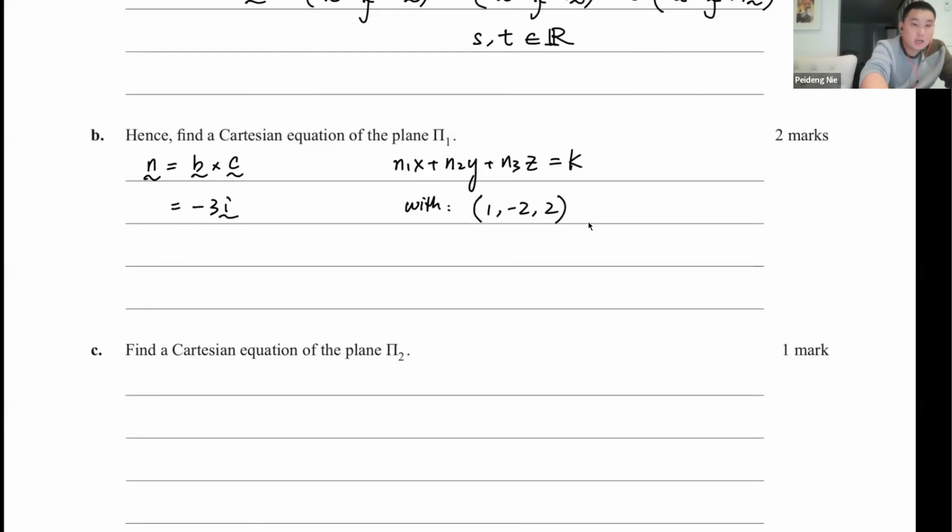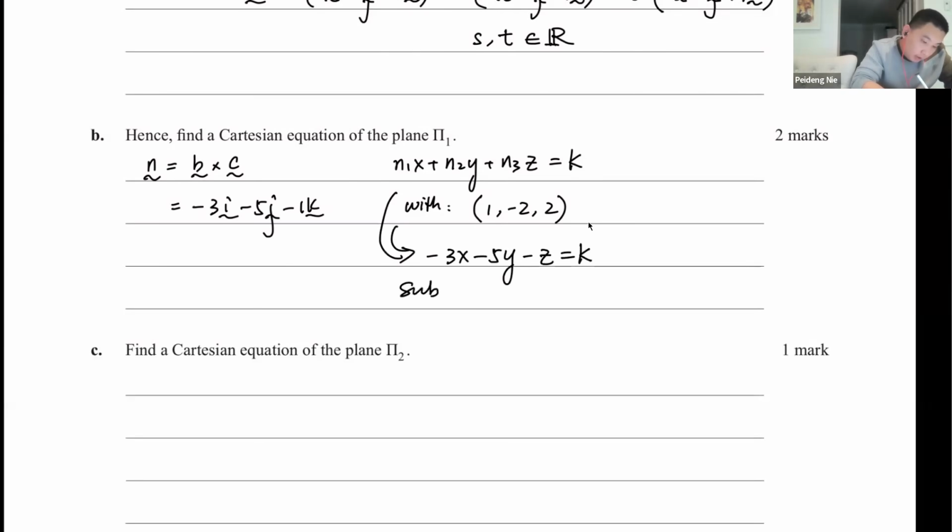Minus 3i, minus 5j, minus 1k. So the equation will be minus 3x minus 5y minus z equals to k. Subbing the point, we get minus 3 plus 10 minus 2 equals to k. So k is going to be, let's say, 5 here.